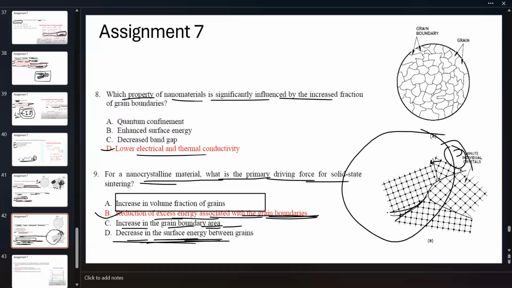Surface energy remains the same. It's just the total surface area that is decreasing. The total number of grain boundaries and the area of these grain boundaries is decreasing. Correct.